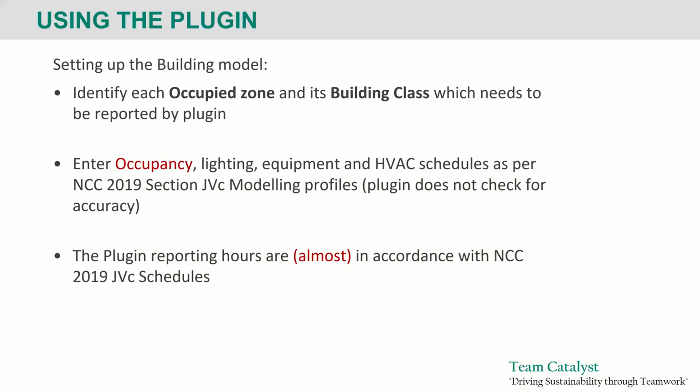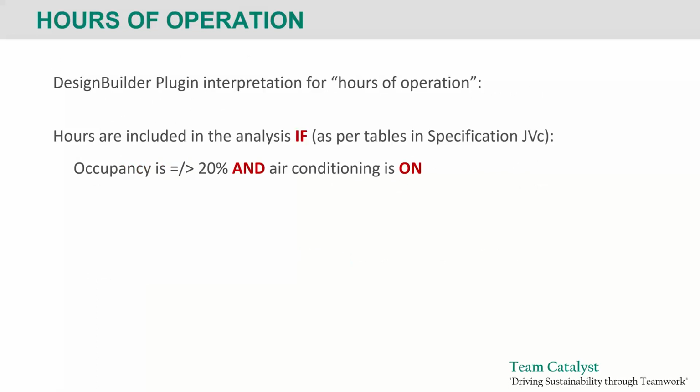And within Section J, in a couple of the building classes, Pmv is being asked to be reported when the air conditioning is off. So that was a bit of a problem. So what we've done is we've taken a common sense approach. We've interpreted the requirement of hours of operation when the occupancy is 20% or greater, as defined by the code, and when the air conditioning is on.